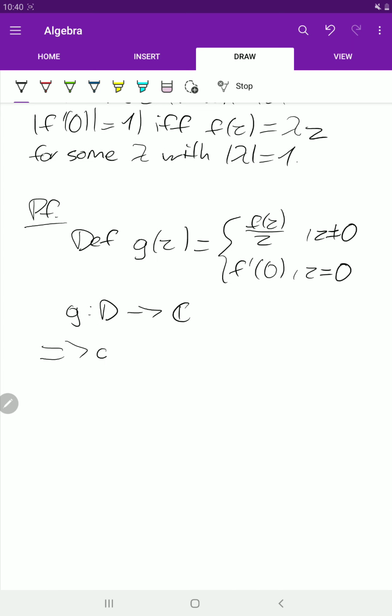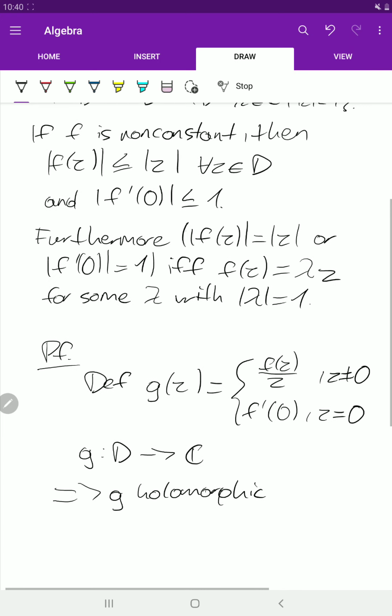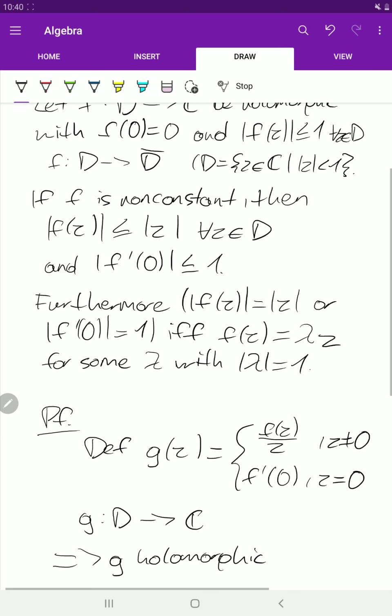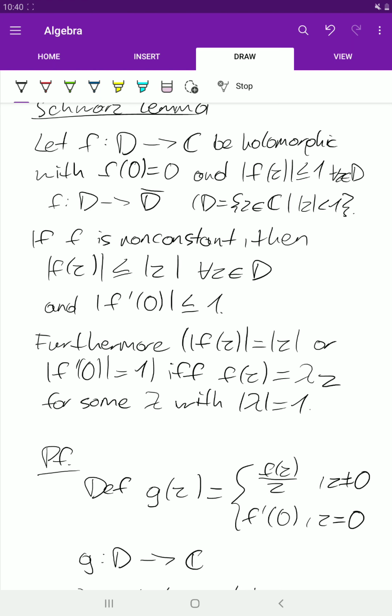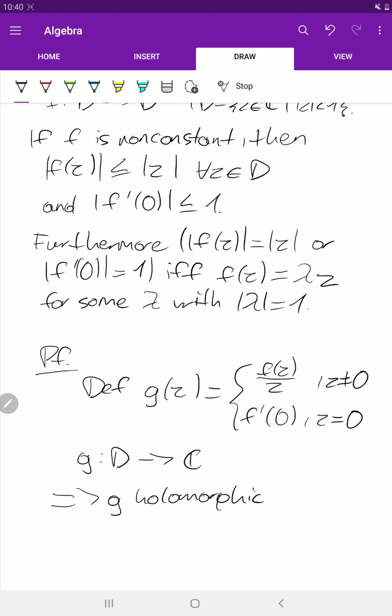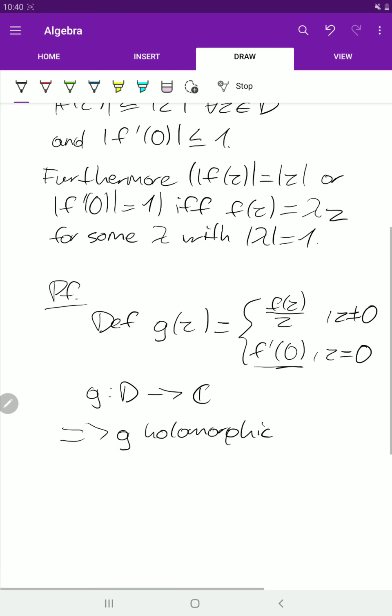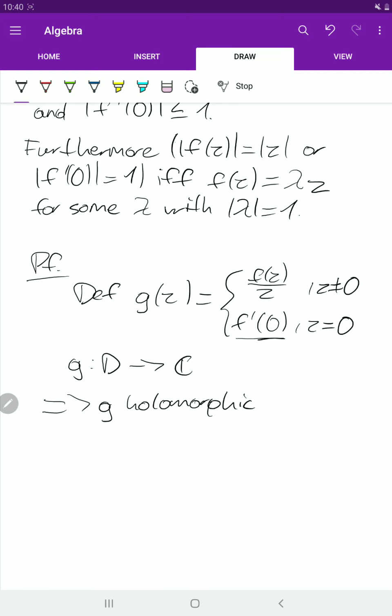So g is holomorphic. We have the assumption that f of 0 is 0, so we get at first continuity at the origin, and then we know that it's also holomorphic.